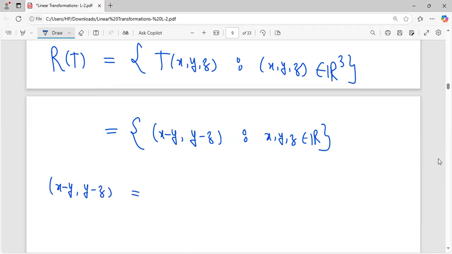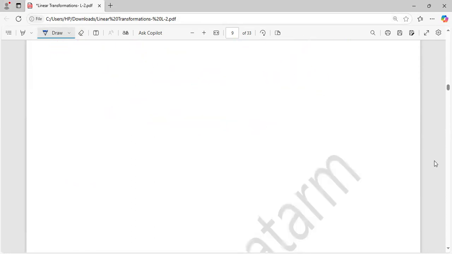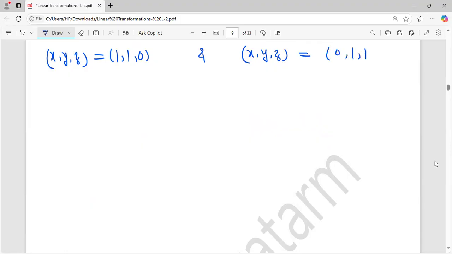How can I write this? I am taking (x, y, z) equal to (1, 1, 0) and (x, y, z) equal to (0, 1, 1).